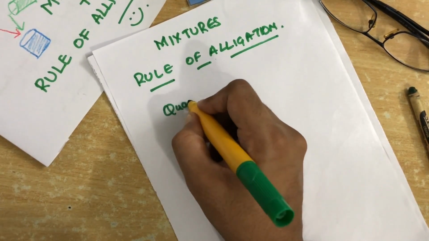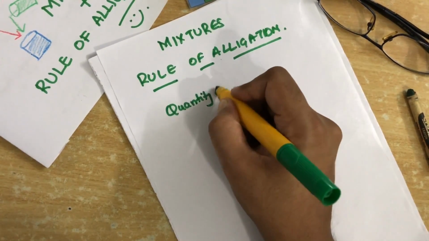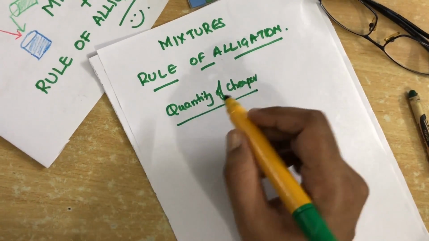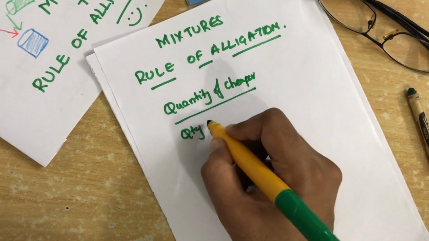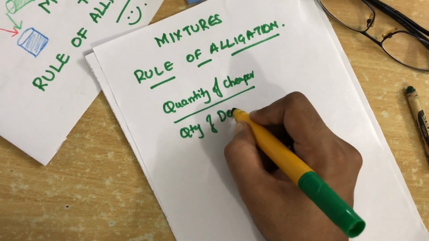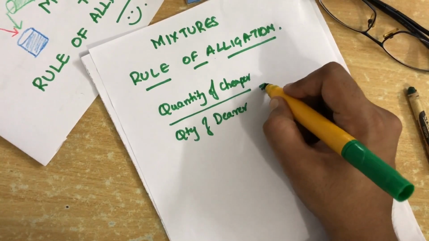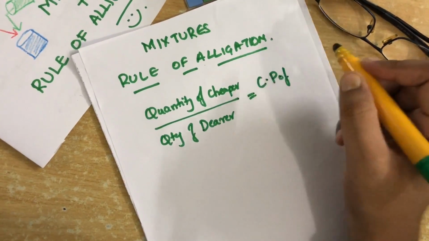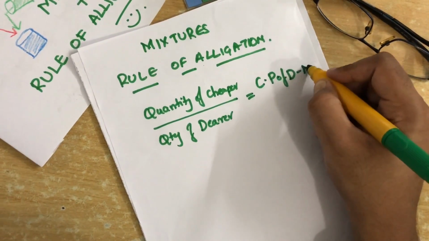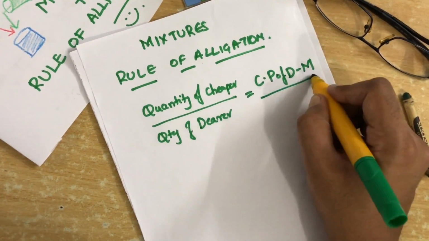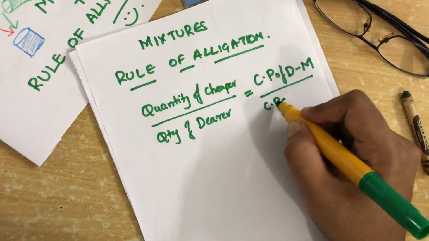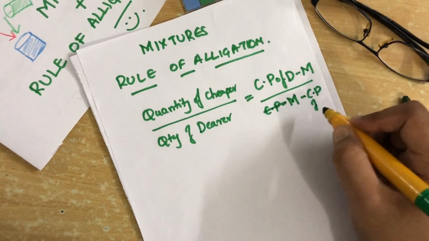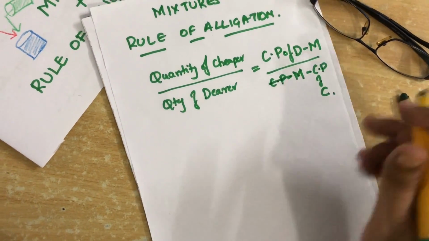The quantity of the cheaper quantity divided by the quantity of the expensive or the dearer quantity is nothing but the cost price of dearer quantity minus the mean price by, obviously it has to be the bigger quantity, mean minus cost price of the cheaper quantity.